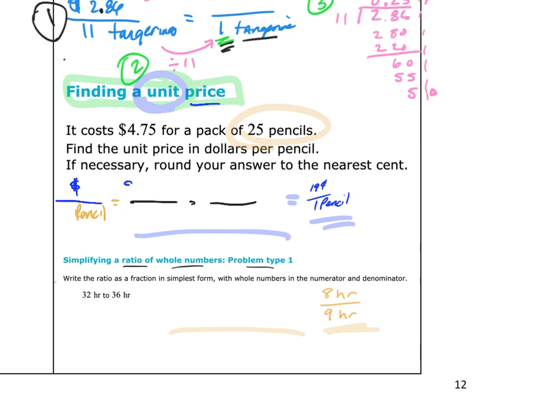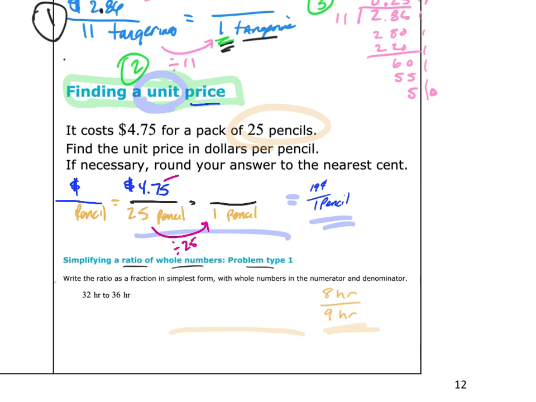They said we're going to have $4.75 per 25 pencils. What we want to know is how much for 1 pencil. So to get there, we have to divide 25 by 25 to get 1.